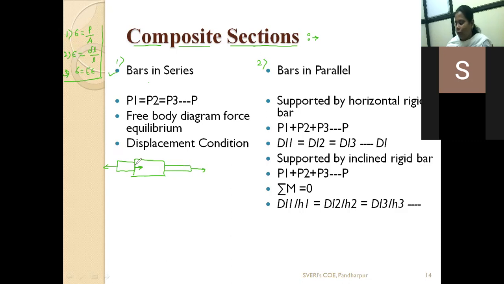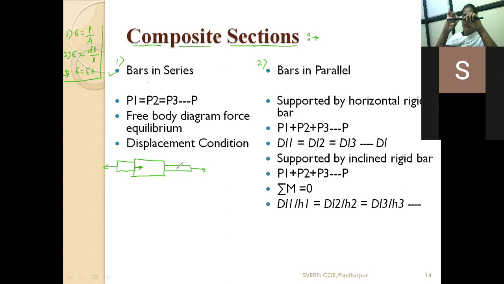Okay. So first, we will see what is meant by bars in series and what is meant by bars in parallel. If bars are connected end to end, suppose these are the two members. Now I am going to attach them. So this is the first member, this is the second member. These first and second members are connected end to end.